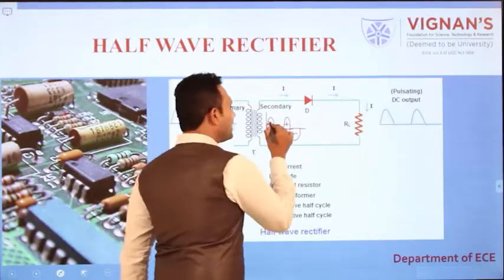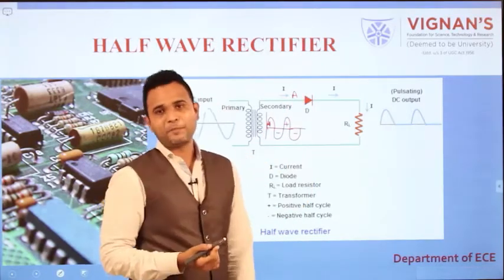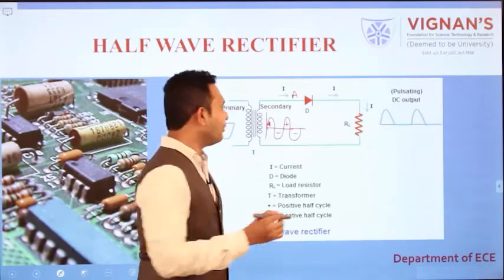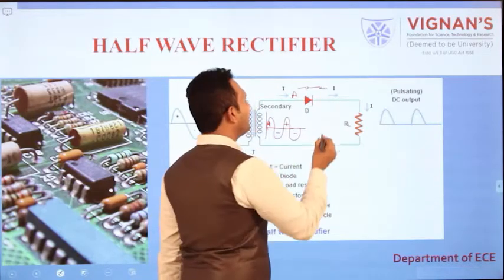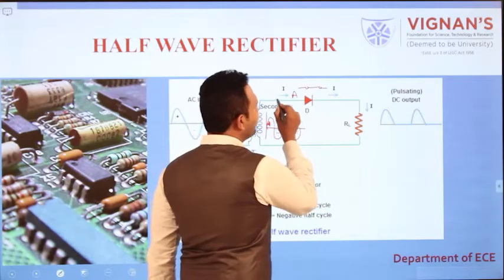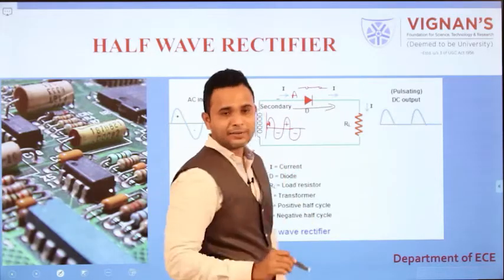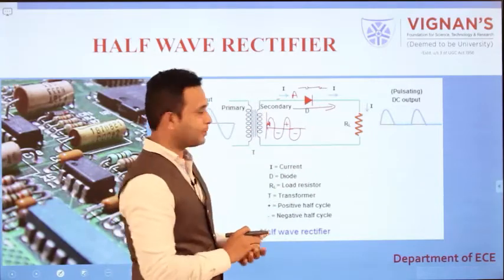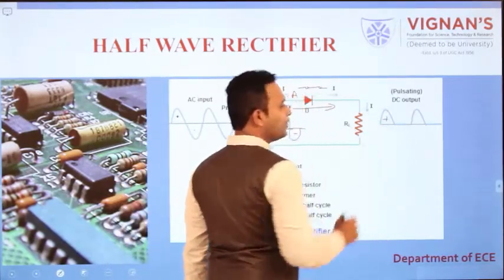When the positive peak is connected to the anode terminal, the diode is in forward bias. Forward bias means the diode acts as a closed switch. At this time the whole current passes from the anode to cathode. Conventional current flows from the anode to cathode. So the whole positive pulse we get at the output side.